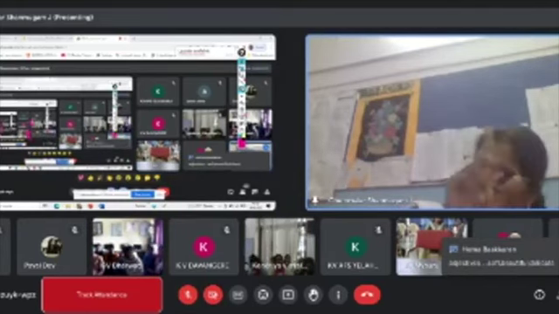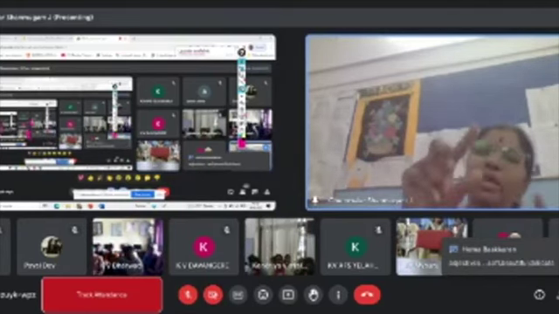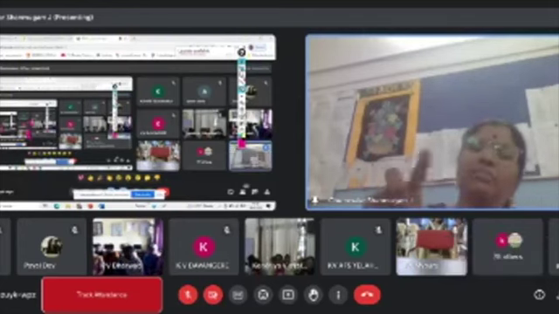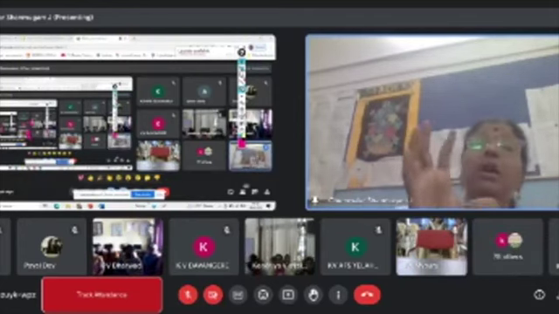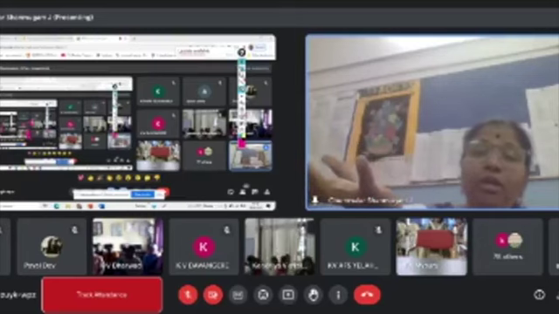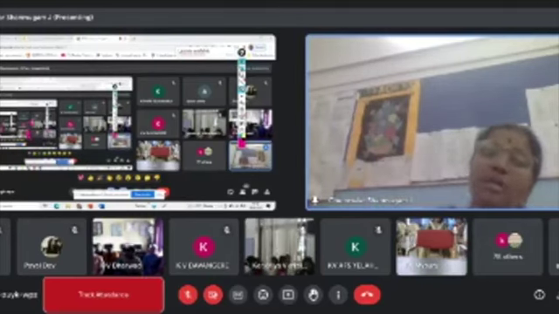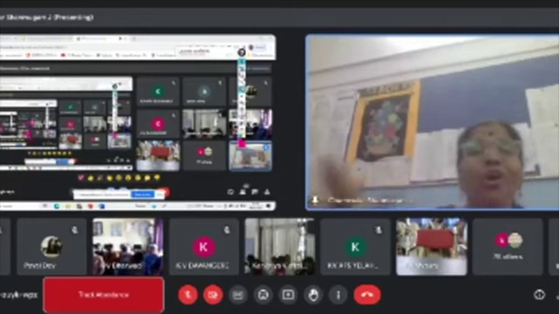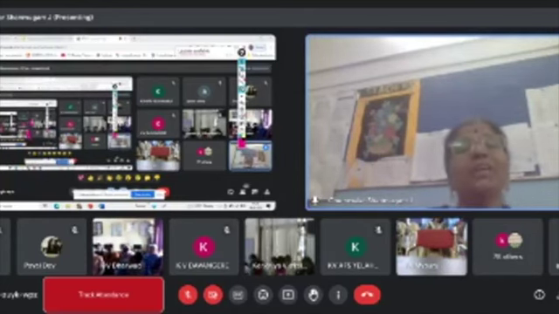Some are visual learners, so you put a drawing and you ask them to write adjectives. Some are interested in artwork, you show them pictures and ask them to write. You can even make your own adjective song and teach them, because there are musical intelligence children, multiple intelligences, 8 intelligences are there, and we have to use all the 8 intelligences to teach.